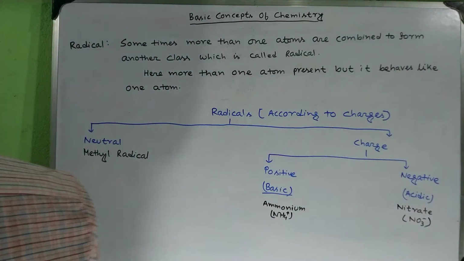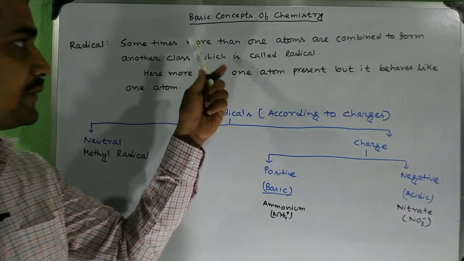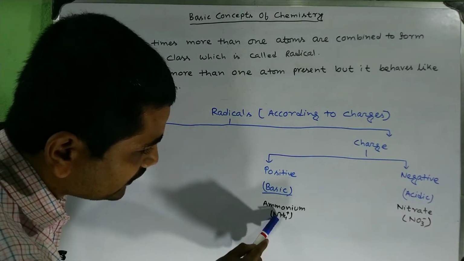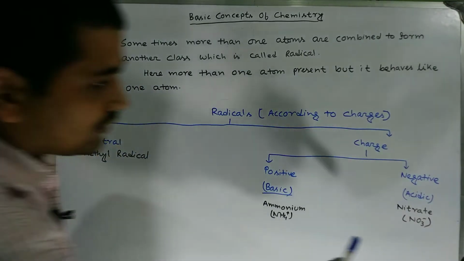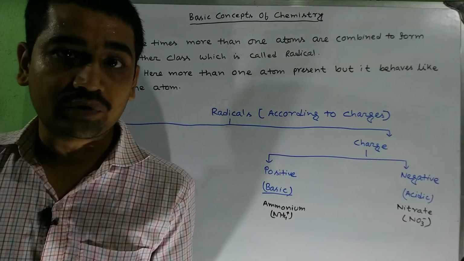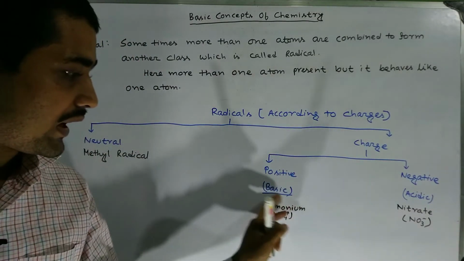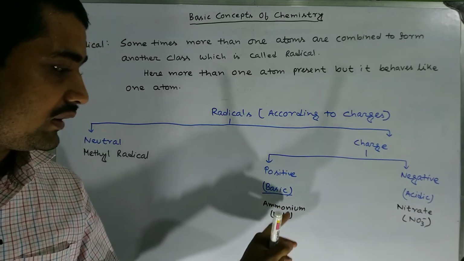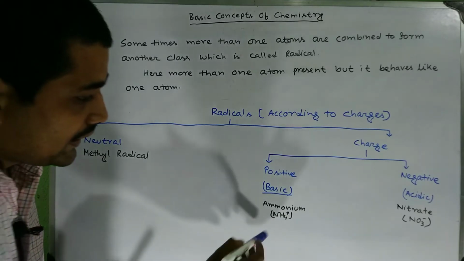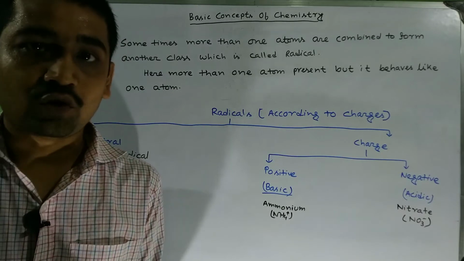Look, here more than one atoms: nitrogen and hydrogen, and here nitrogen and oxygen. More than one atoms combine to form another class of element. Here the atoms are combined to form an element, but this element acts as an atom.